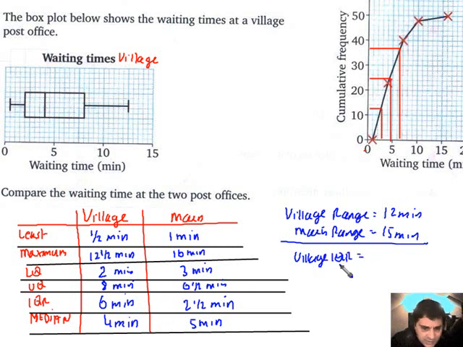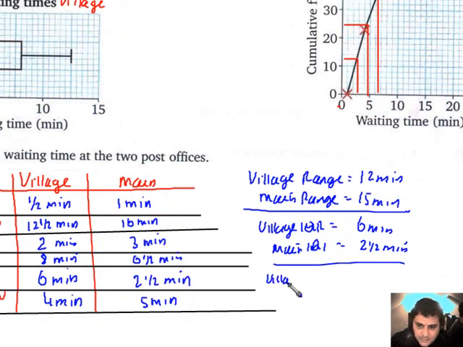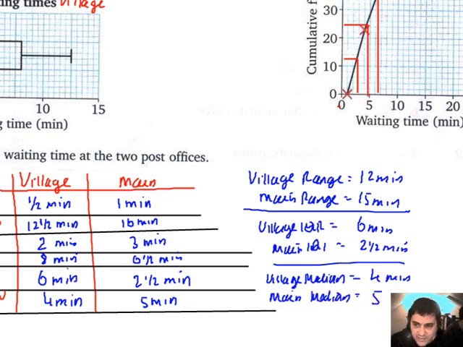Then I'll speak out what we see. IQR 6 minutes, and the main IQR is going to be 2.5 minutes. Then we compare medians, obviously. Me summarising the data, aren't I? Village median 4 minutes, and the main post office median waiting time 5 minutes.